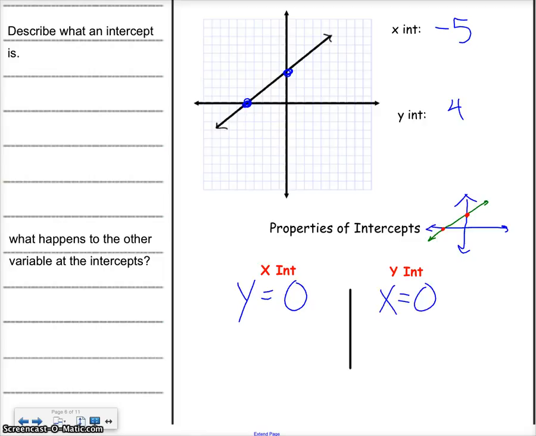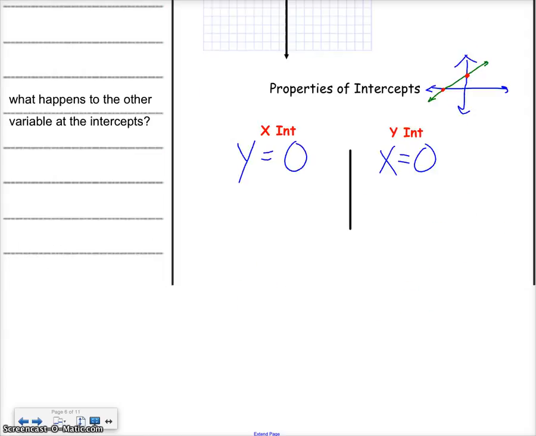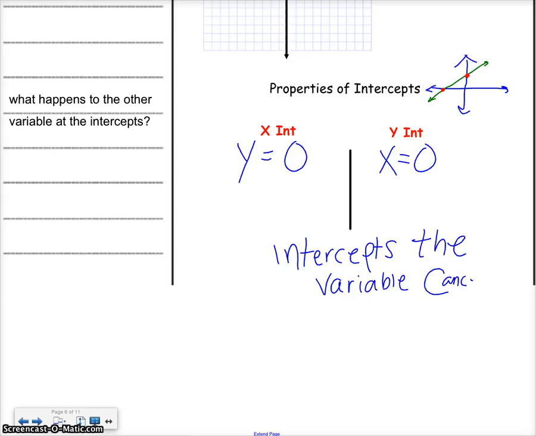The purpose of this, for you to understand, is that at the intercepts, the other variable cancels out. Right? Because if y is 0, it's canceled. It's not even there. It's non-existent at the x-intercept. At the y-intercept, there's no x. X is nothing. It just totally canceled out.